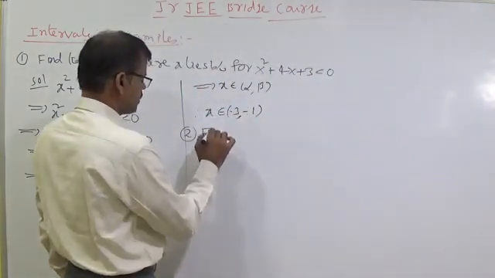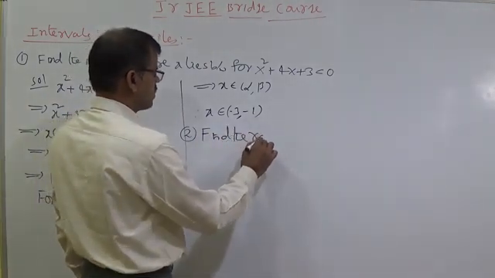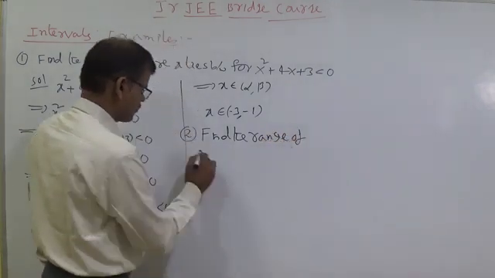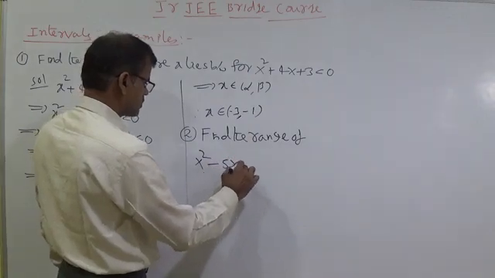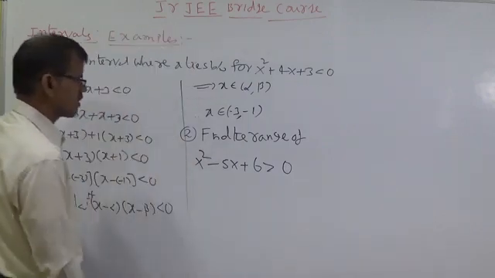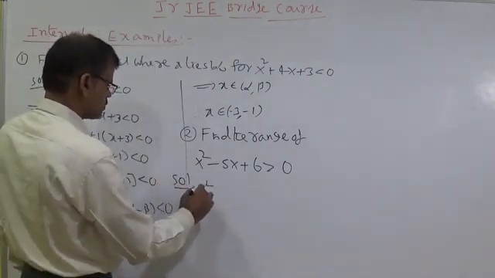Find the range, or find the values. Find the range of x square minus 5x plus 6 greater than 0. Solution.